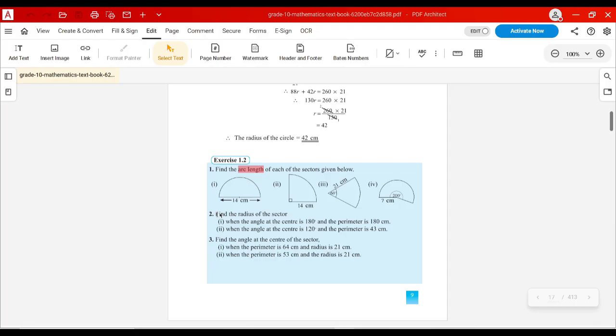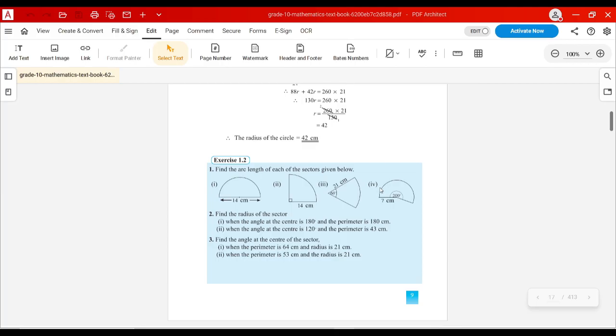And in question number 2, you can see it says to find the radius of the sector. You need to find the radius of these given sectors below, that is part 1 and part 2. When the angle at the center, which is here, is 180, the perimeter is 180. So such questions, when they are given like this, I mean, doing maths means you should be able to find other things as well.